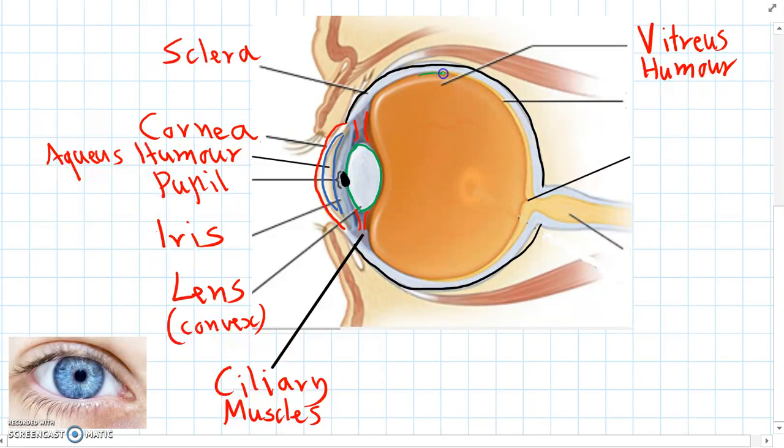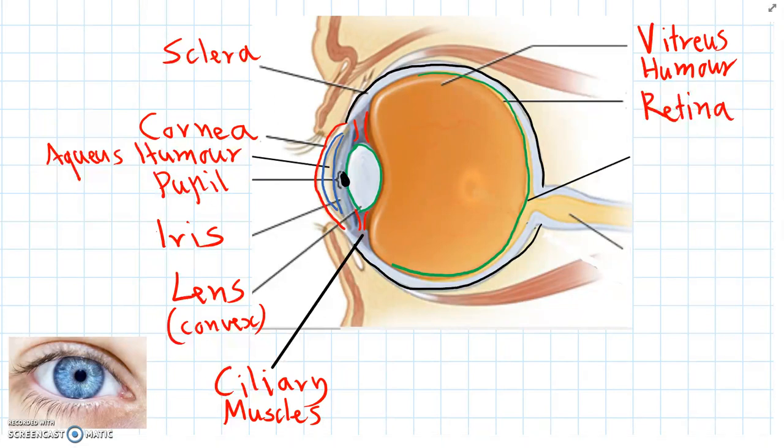Then along the inside of the sclera, all the way around the back of the eyeball, this is called the retina. And the retina is like the projector screen, where the light hits after it comes through the pupil. Then at the back here, we have a nerve which takes the information from the light and sends it back to the brain.